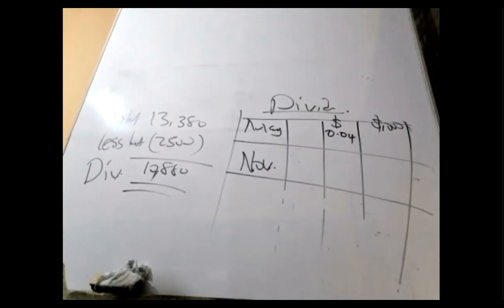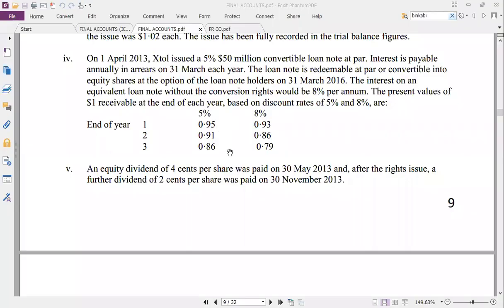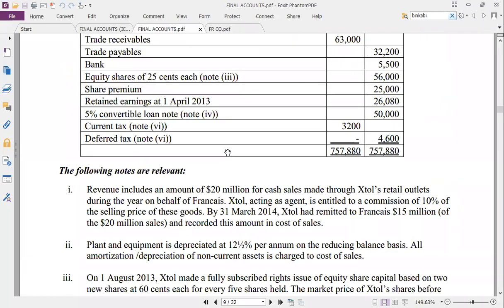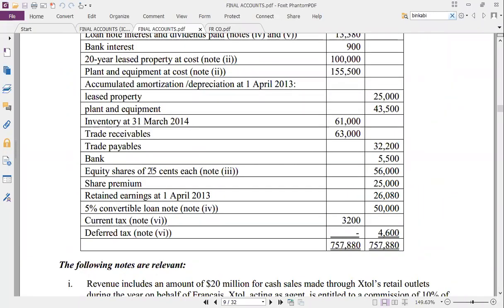Now let's go and pick those figures together. What will be the total number of shares? Let's say equity shares of 25 cents each.